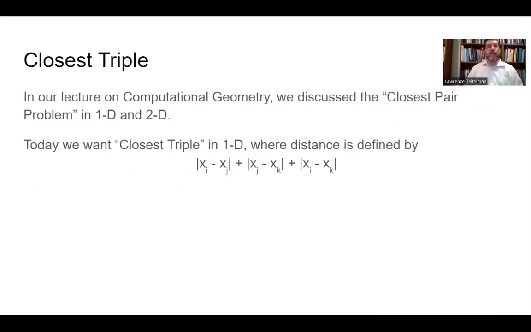Okay, so let's take some examples. Let's say I wanted to compute the closest triple. Let's say we define distance by looking at the difference between the x's of 2 points, the x's of 2 other points, and the x's of the third point, sort of like the size of a triangle, right?